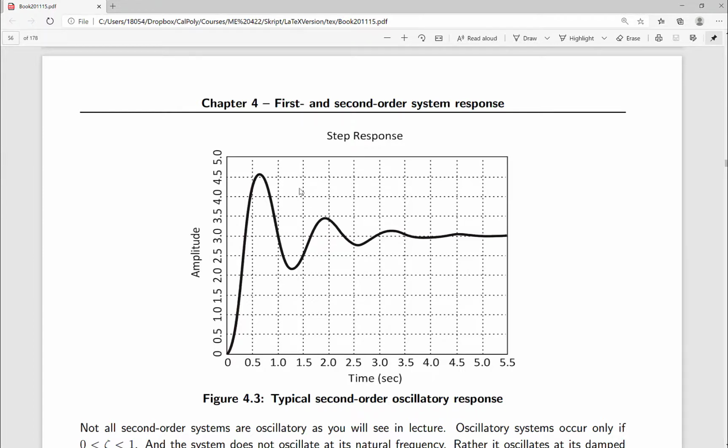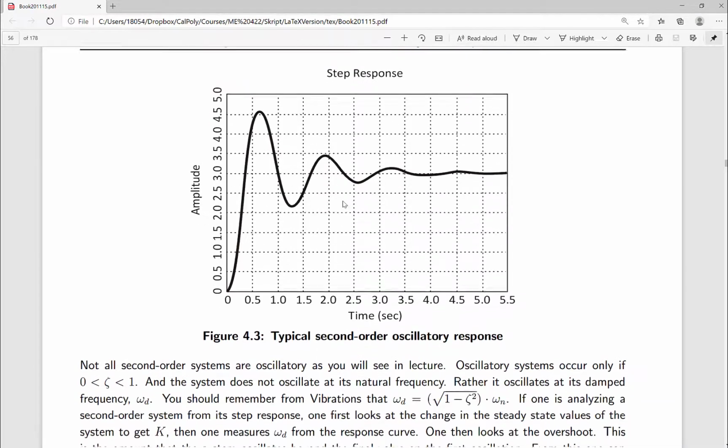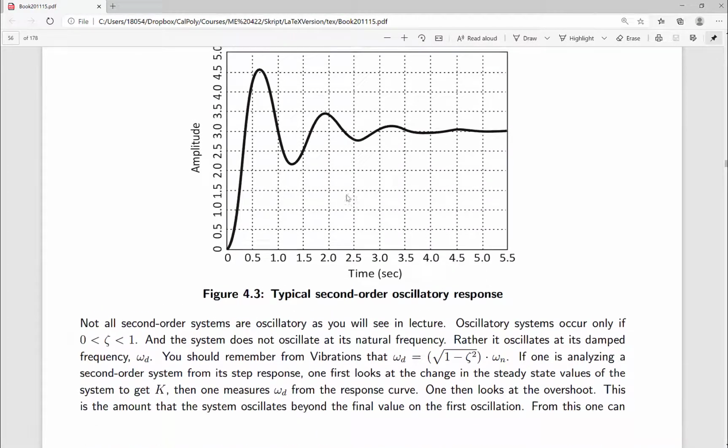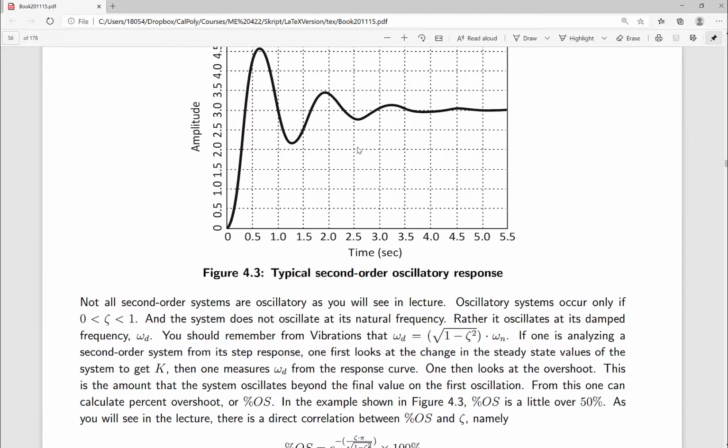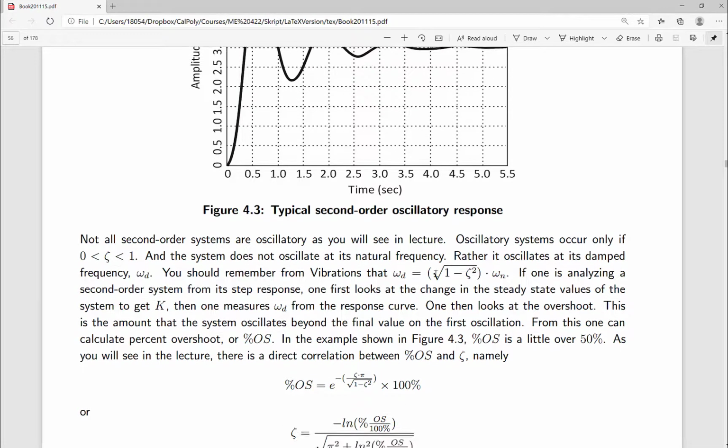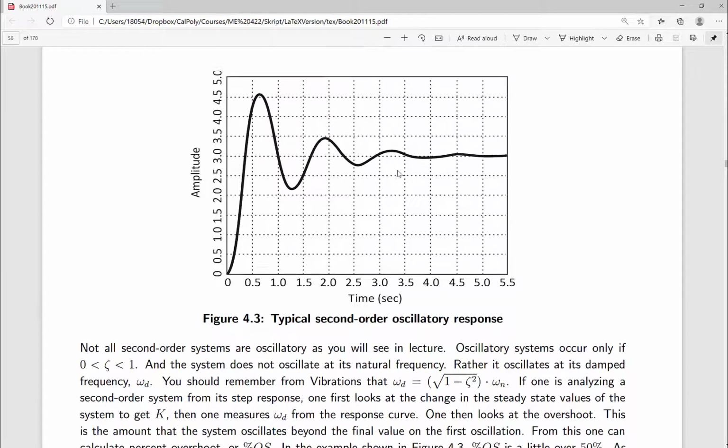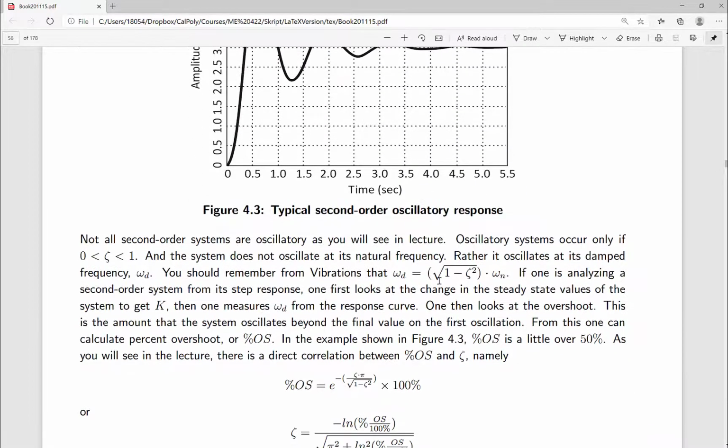The more damping, the quicker they'll die off. So the relationship between the natural frequency and the damped natural frequency depends not only on omega n, the natural frequency of the system, it also depends upon zeta. The frequency that we see is the damped natural frequency.